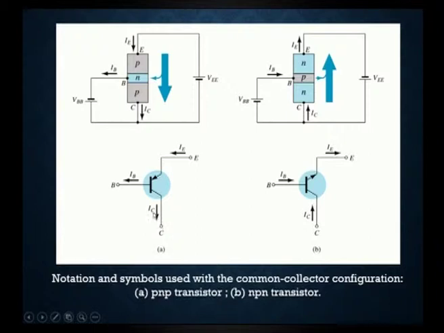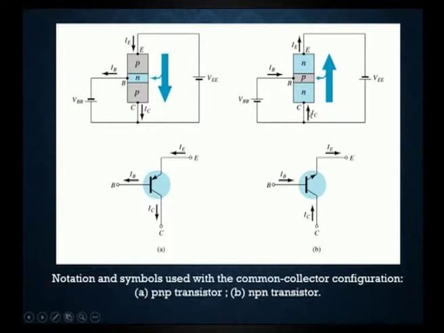Similarly for NPN, with a different current direction, there are three currents: emitter, base and collector. The collector is common for input and output, and the collector current flows from collector to emitter.